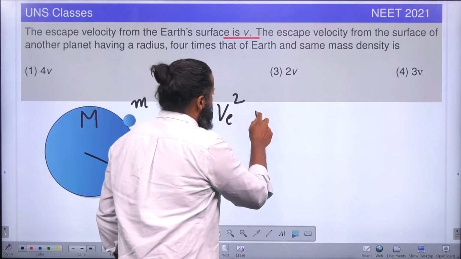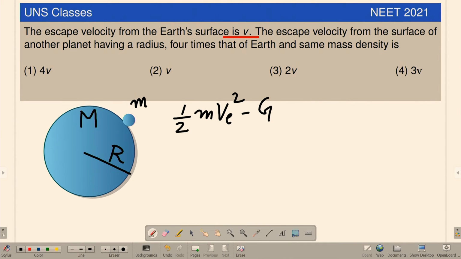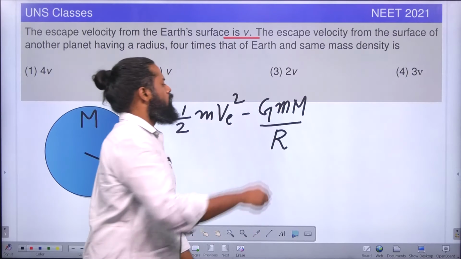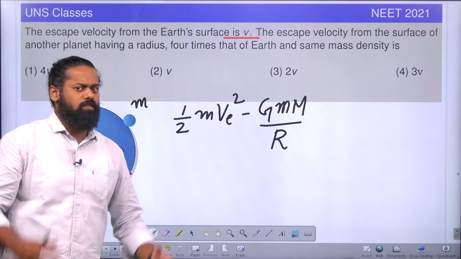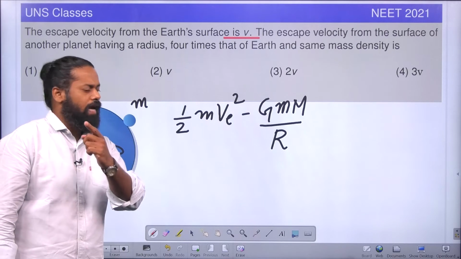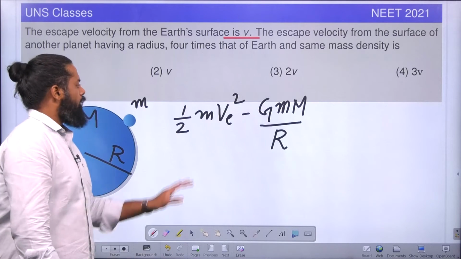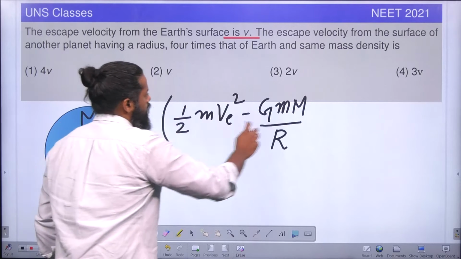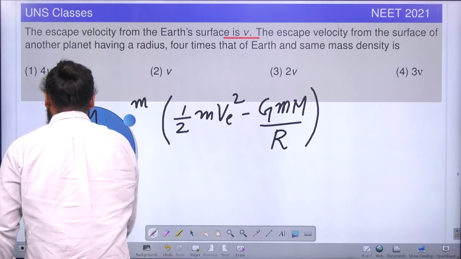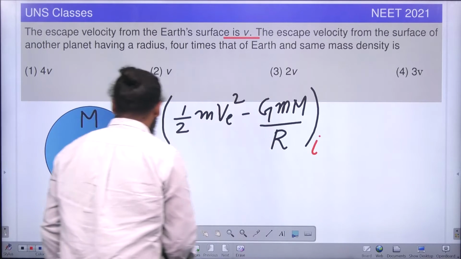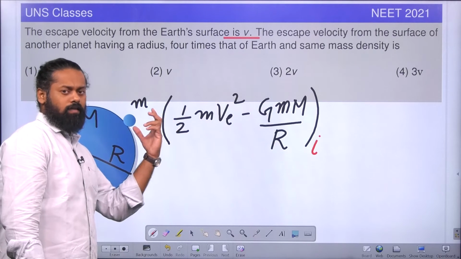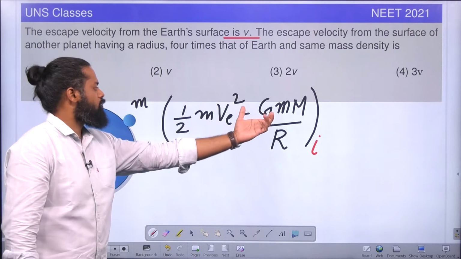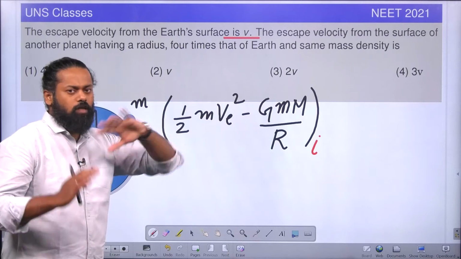Potential energy is minus GMm by R, because when the bodies are attracting, the potential energy is defined as negative of GMm by R. This is the initial total energy, at the beginning of the launch: half m v square minus GMm by R.